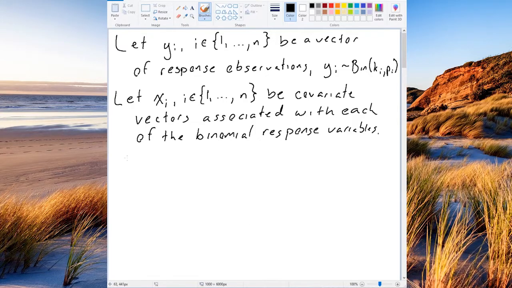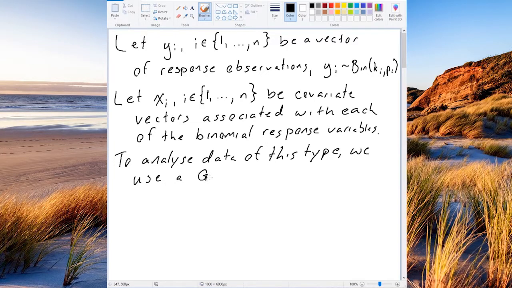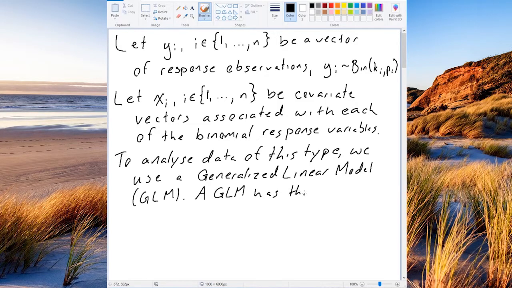A generalized linear model has 3 parts. The first part is an exponential family of probability distributions that we're going to use for the response variable.